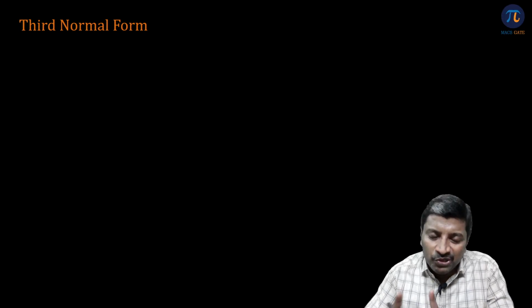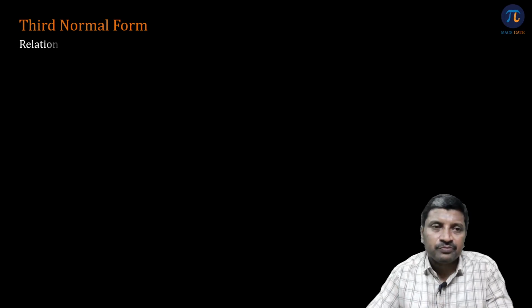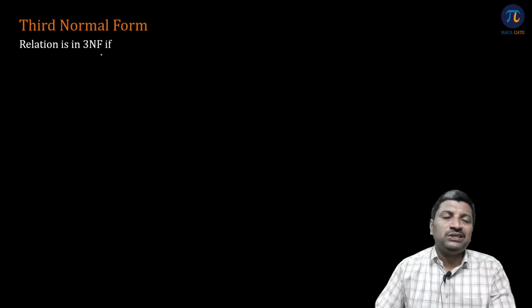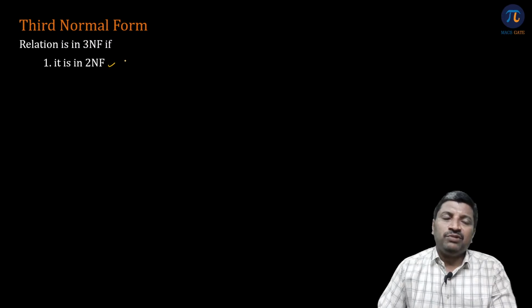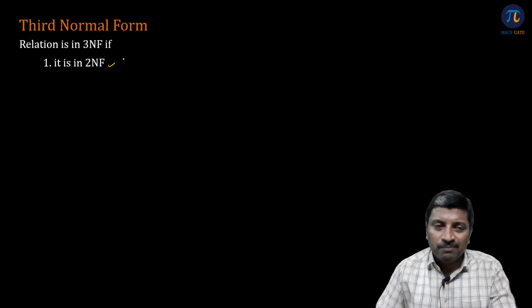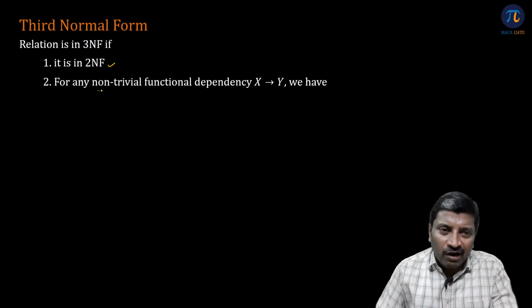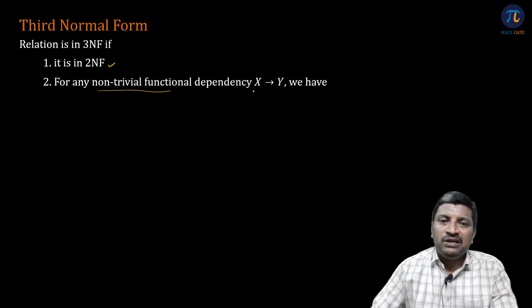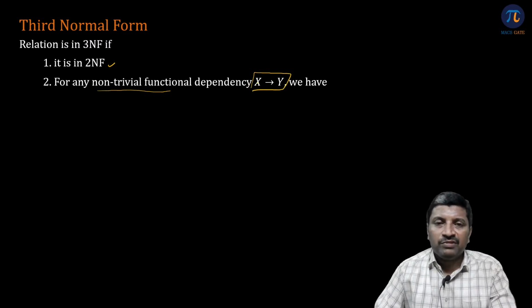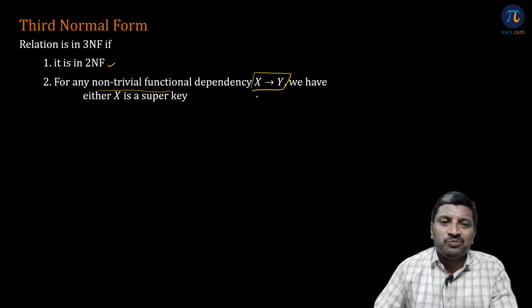Then what is the duty of the employee? First of all, a relation is in third normal form if it is in second normal form. We already explained what is second normal form, sir. Then the second condition: for any non-trivial functional dependency, whenever I have X goes to Y, then X must be a super key.